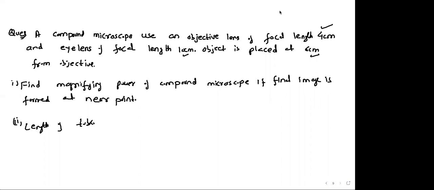So no, no, no. You're making a mistake in V naught again. You are making a mistake in calculating V naught. See, just check your calculations. You took F naught equal to 4. I won't solve it. You will repeat your calculations again. I'm just giving you a hint. You took U naught equal to minus 6. Sorry, sir. I took 5. Repeat these calculations again and get the value of V naught.